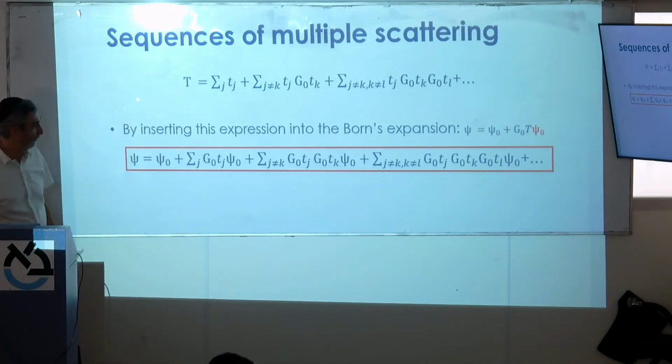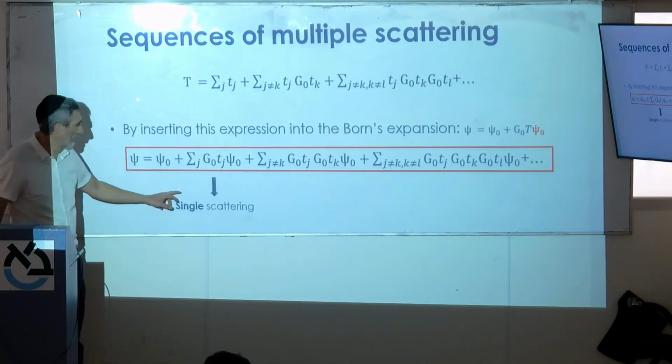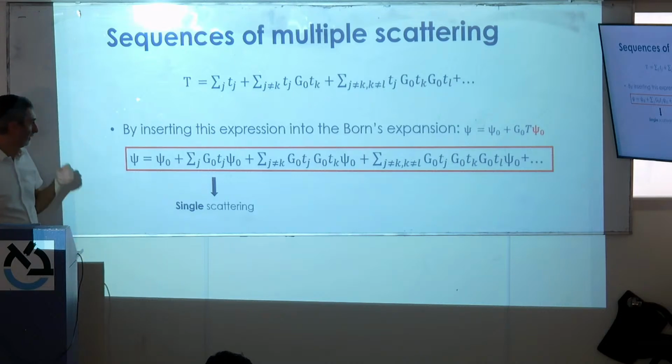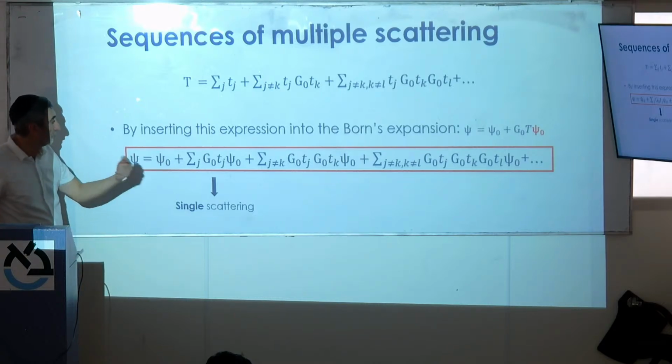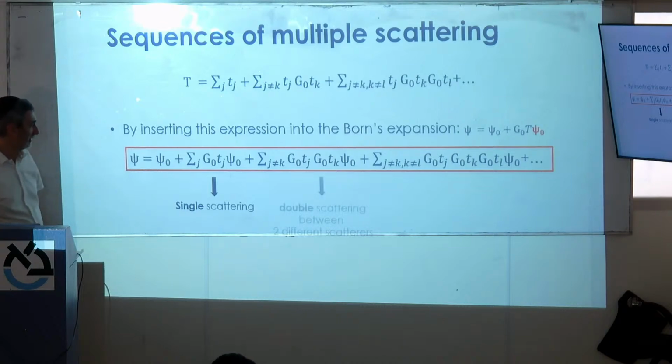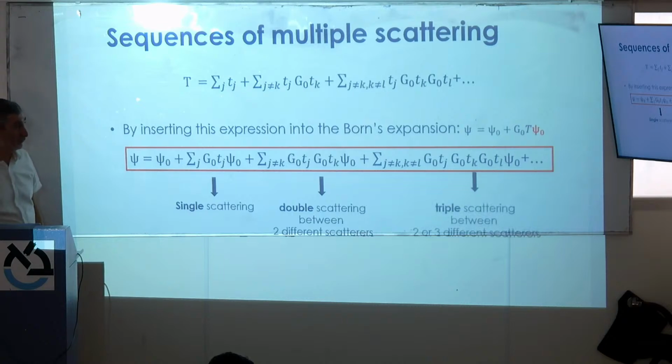So you see that you have here not the single scattering approximation, but the scattering by a single particle. You can have multiple scattering inside the particle itself. Then you have double scattering between two different scatterers, then triple scattering between three different scatterers, and so on and so on.